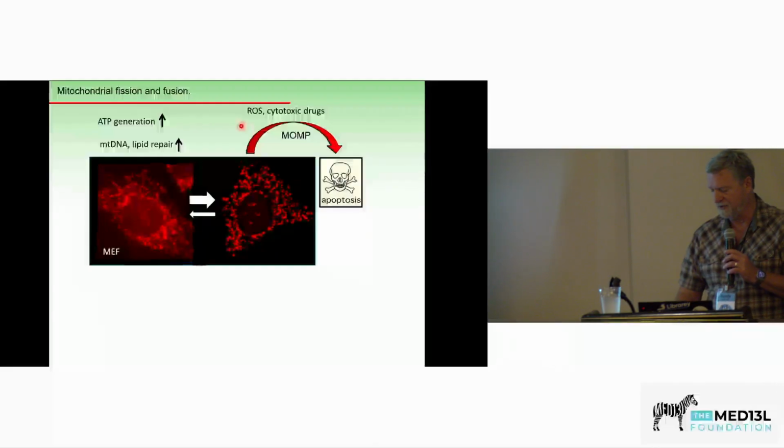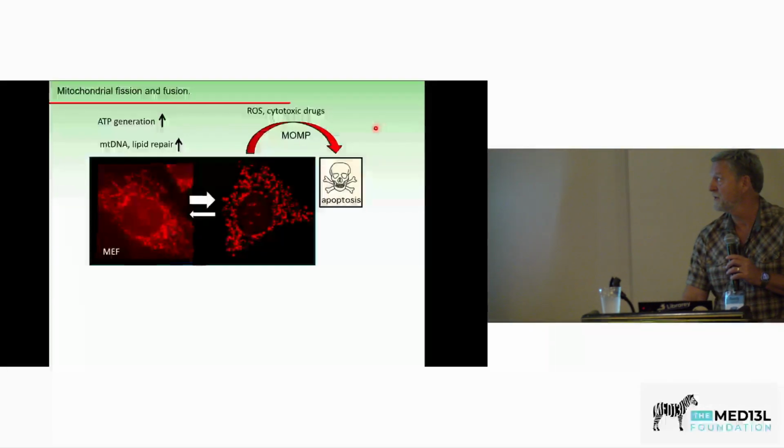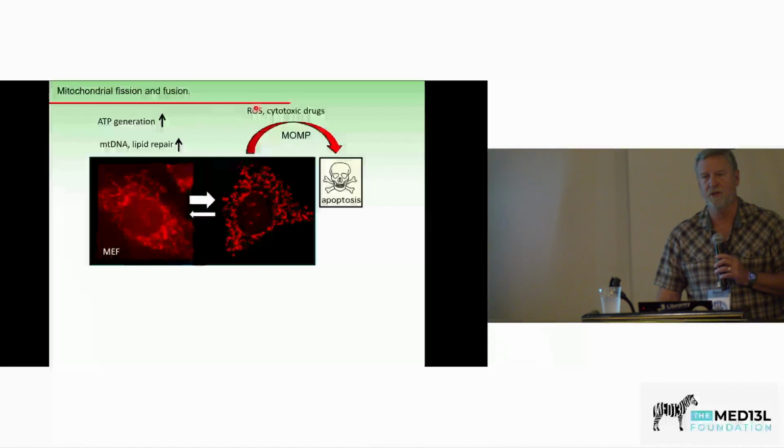If you have enough damage, you go through something called mitochondrial outer membrane permeabilization. We call it MOMP, so everyone can call it MOMP. This leads to programmed cell death, or regulated cell death, or apoptosis. This is a very common feature when you get this fragmentation in response to cytotoxic drugs.